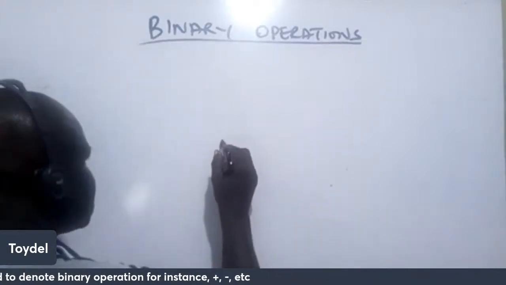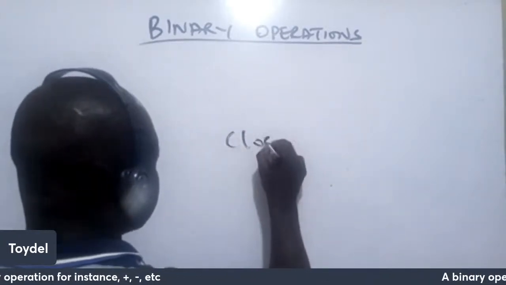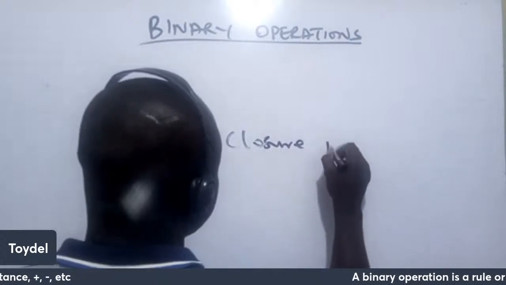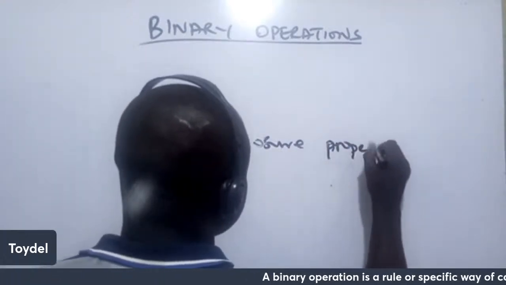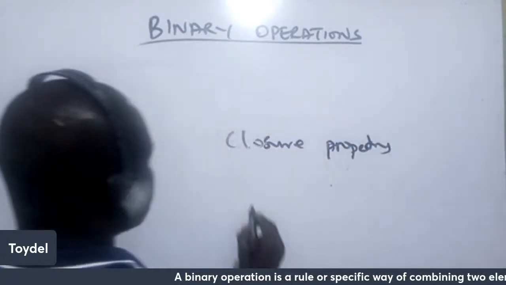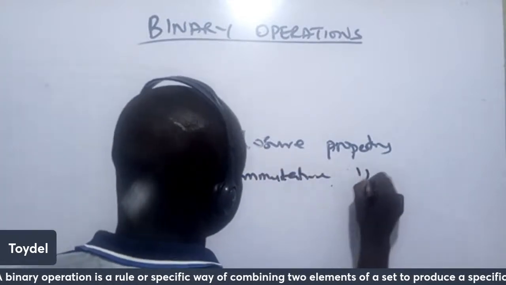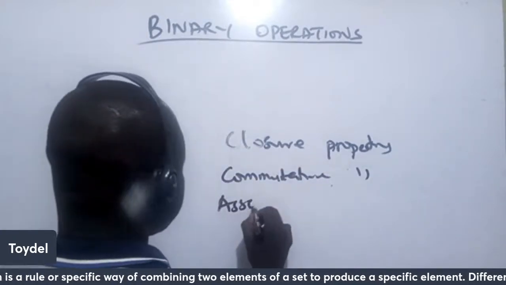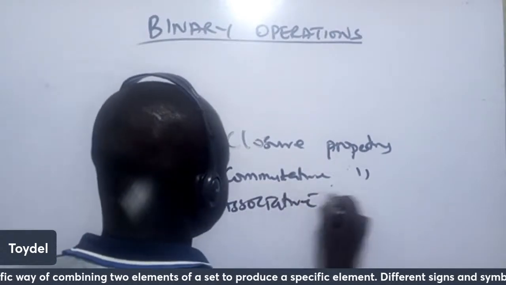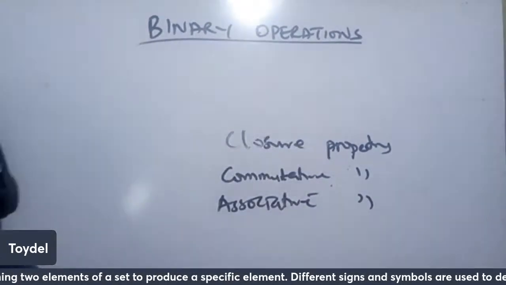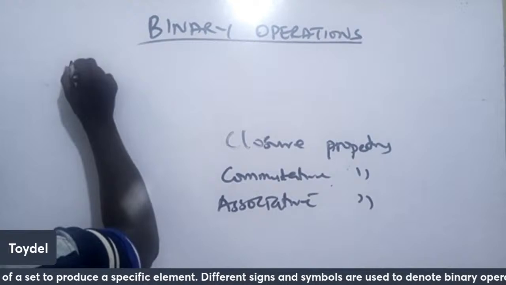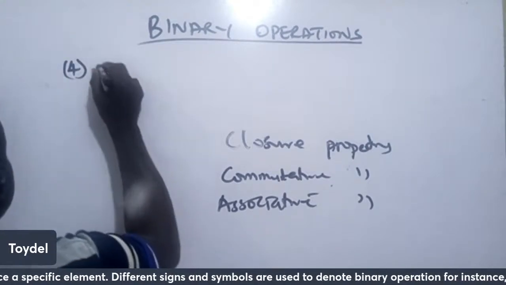We talked about the closure property, the commutative property, and we have also discussed the associative property.